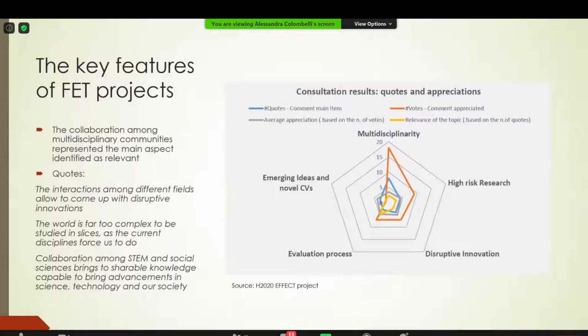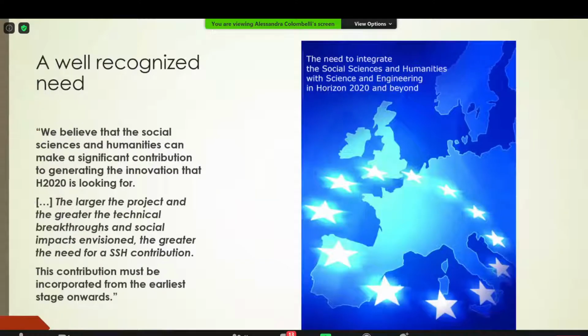So in other words, one of the key aspects of multidisciplinarity is the integration of social sciences and the human sciences with STEM fields. And this is a well-recognized need.